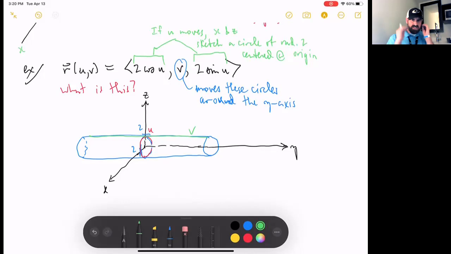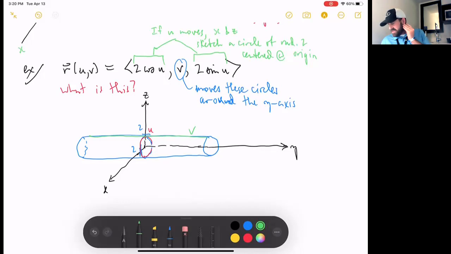This time the parametrization was actually given to us, and it was just up to us to identify what this surface was. And it turns out it's a cylinder of radius 2 with the y-axis running right through the middle of it. It's a circular cylinder of radius 2 with the y-axis running right through the middle of it all. Okay, that's cool stuff.